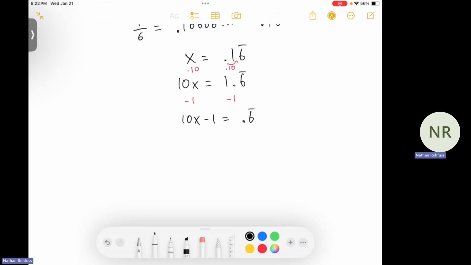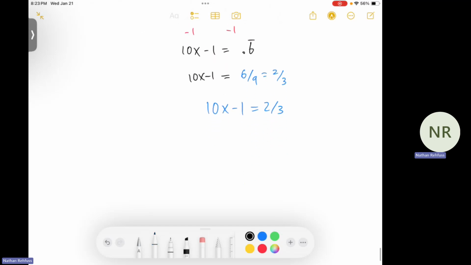Now I can use my repeating decimals trick. 0.6 repeating is 6/9. 10x minus 1 is 6/9, which we know reduces to 2/3. So 10x minus 1 is 2/3. Add 1 to each side. 10x is 1 plus 2/3.